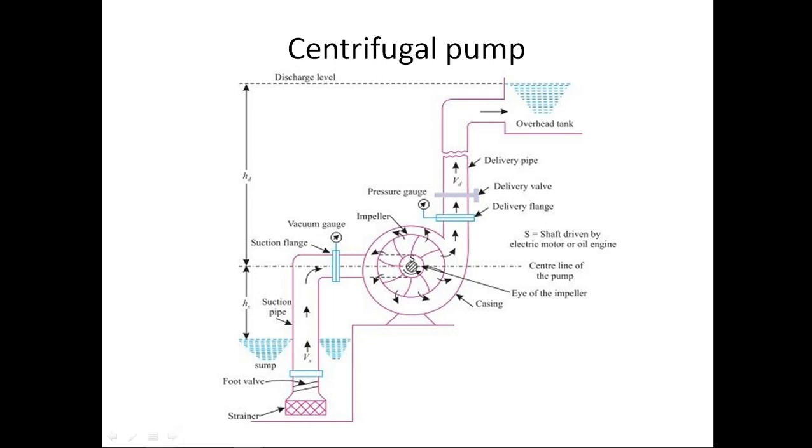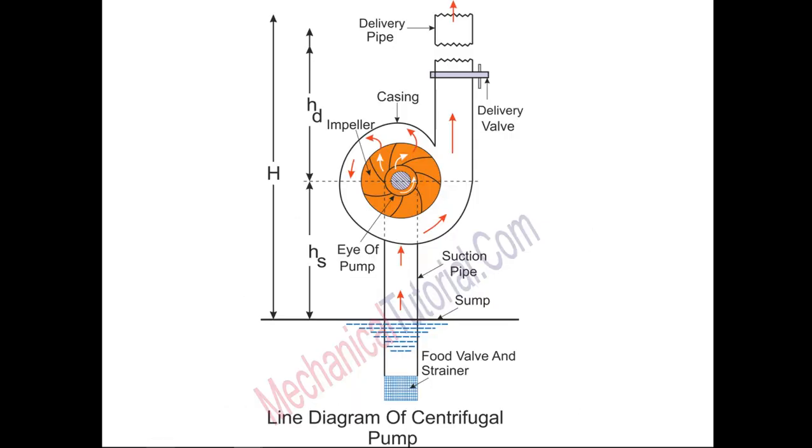These four are the main components of a centrifugal pump, and by these components a centrifugal pump is constructed. Next, the topic is the working of the centrifugal pump, that is, how a centrifugal pump works.